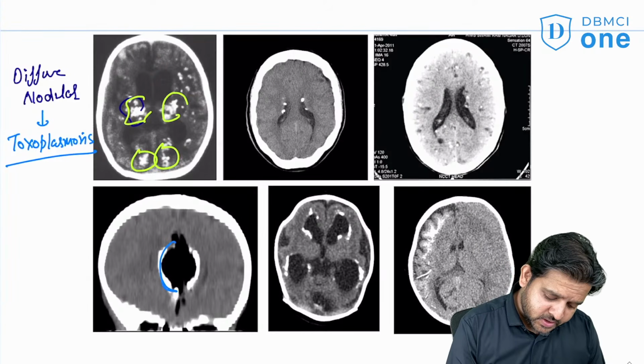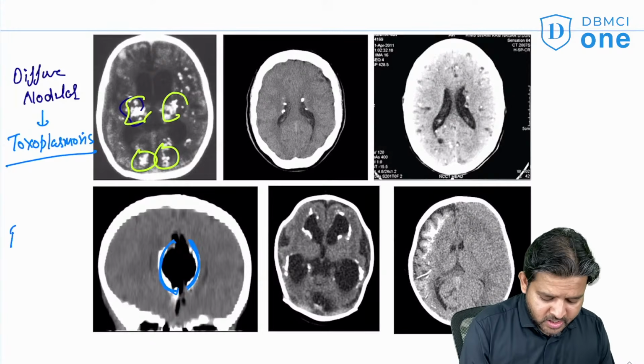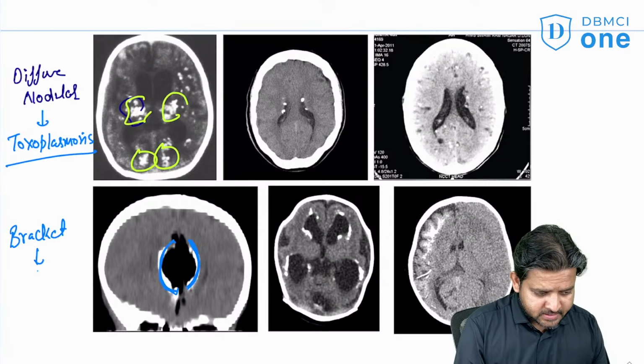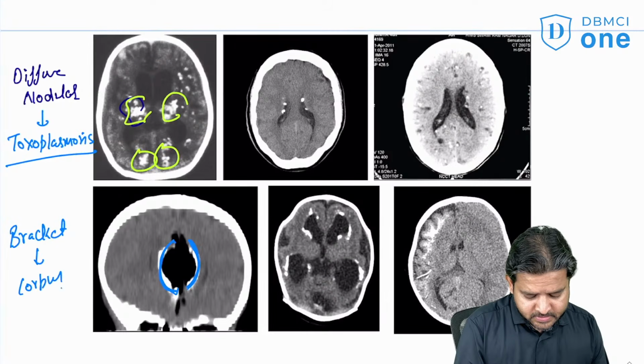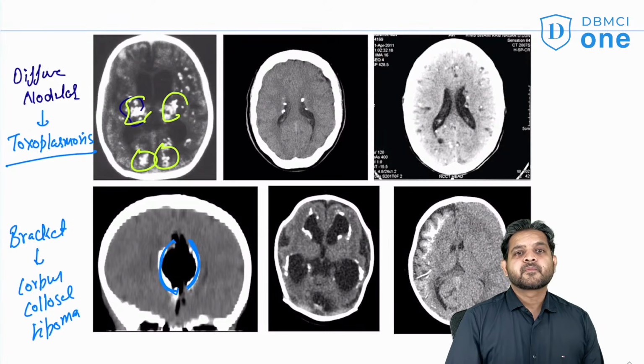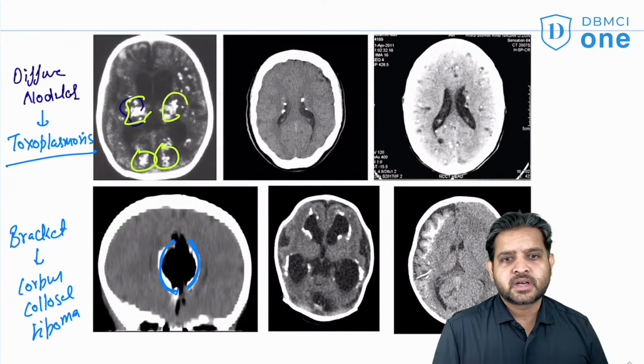Whereas if you see calcification in the shape of a bracket, then this is corpus callosal lipoma.